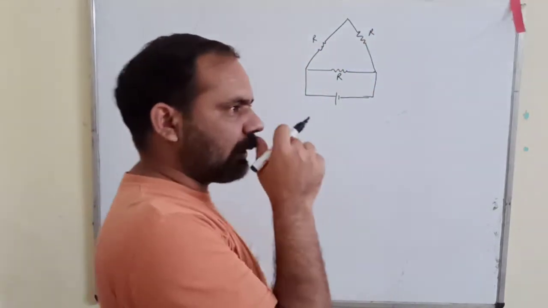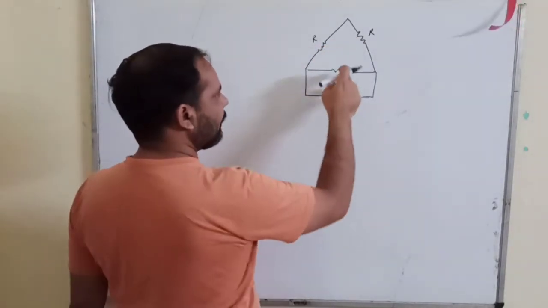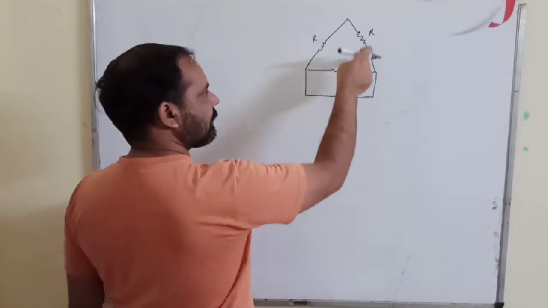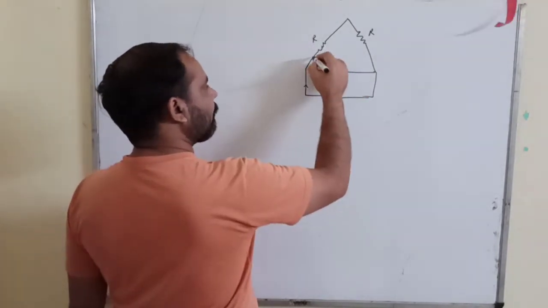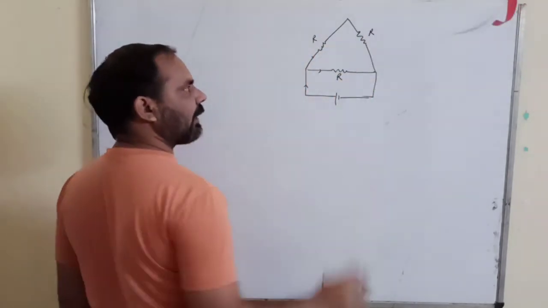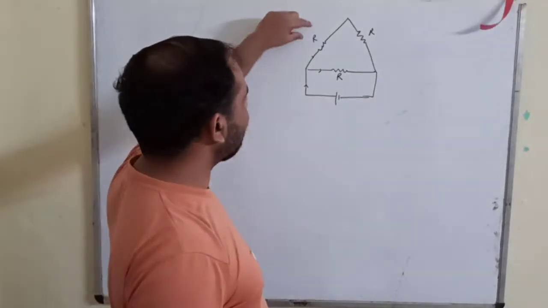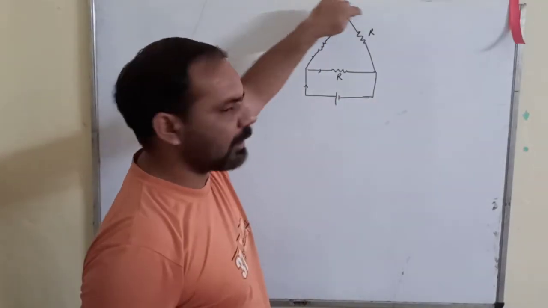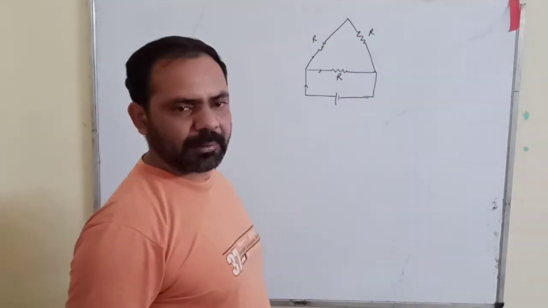Then you can easily identify that these two resistances are in series combination, and with their series combination this is connected in parallel, because if the current comes here, then the current will divide in these two branches, but whatever current is reaching here, the same current will pass through this branch also. So you can easily identify that these two resistances are in series combination, and with their series combination this is in parallel combination.